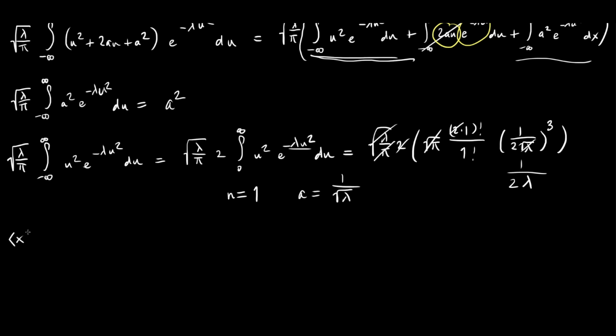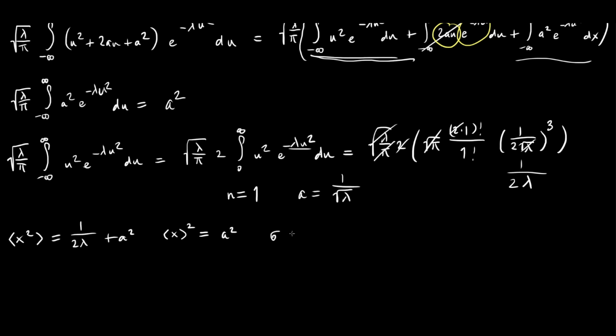So now we know that the expectation value of x squared is equal to 1 over 2 lambda plus a squared. We have to remember to add it with a squared as well, because there was this integral on the top here. And now we have all we need to find the standard deviation, because we know that the square of the expectation value of x is equal to a squared.